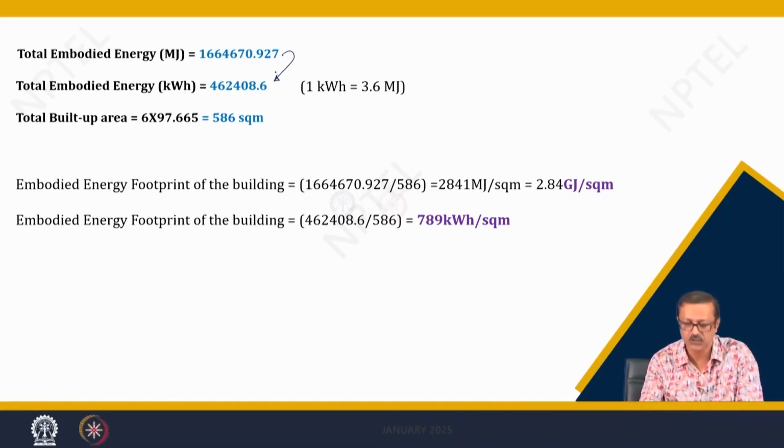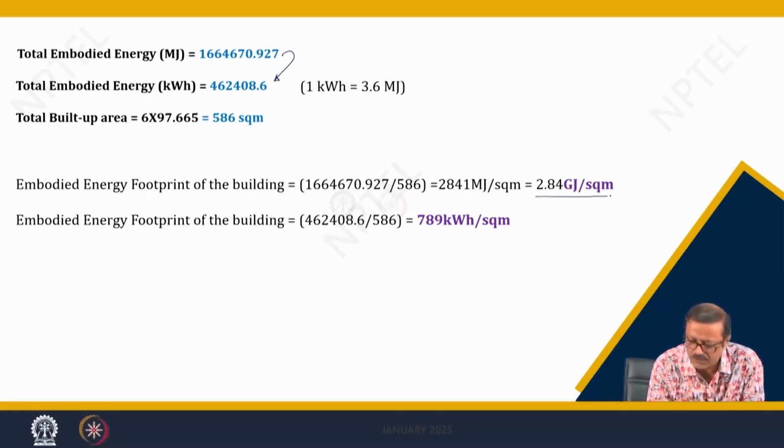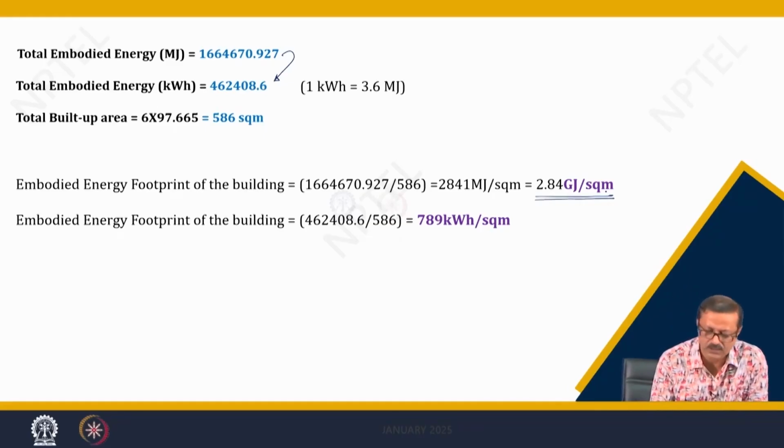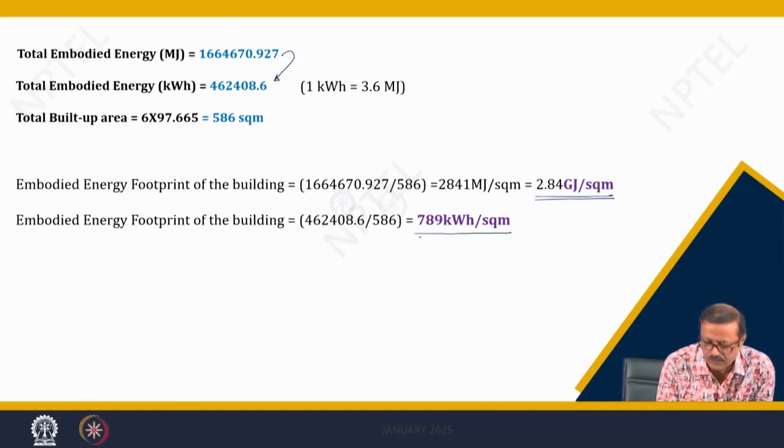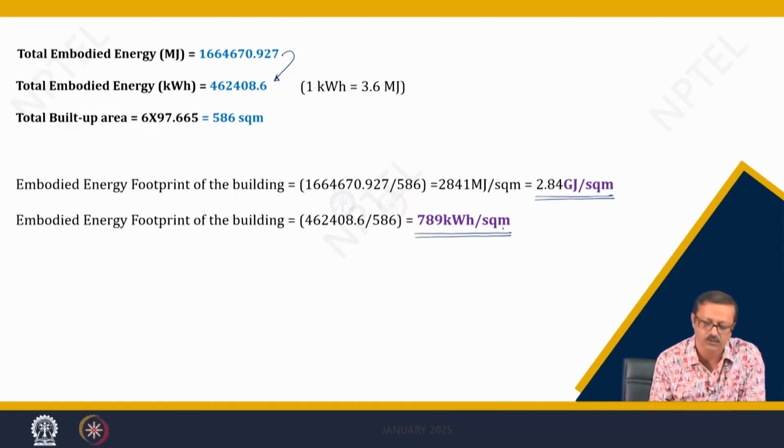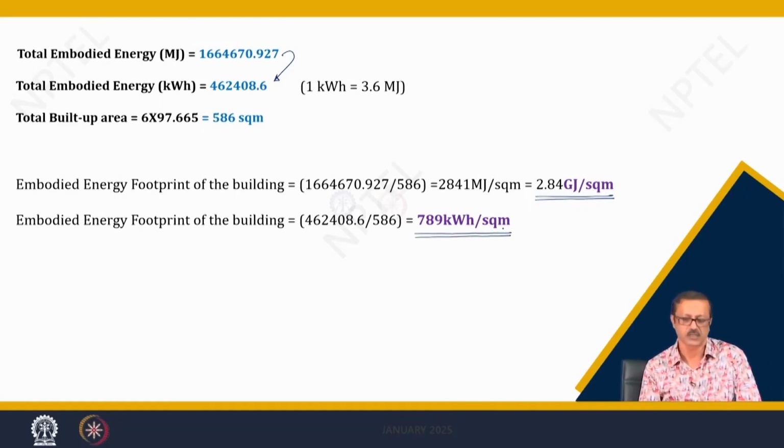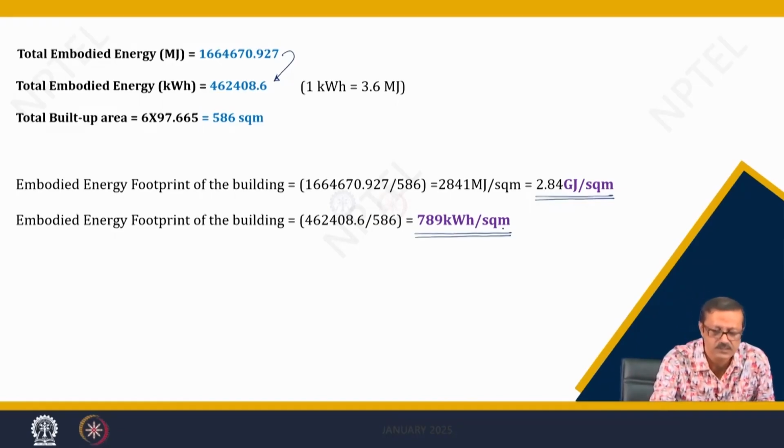In gigajoule per square meter, it comes to around 2.84 gigajoule per square meter. In kilowatt hour terms, it is 789 kilowatt hour per square meter, by dividing the total value by the area.